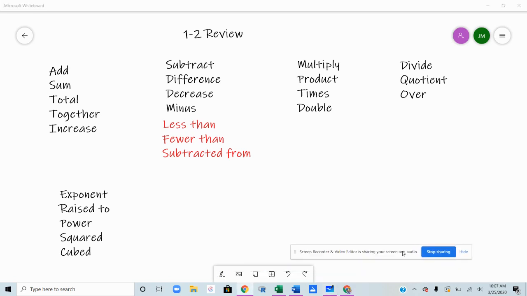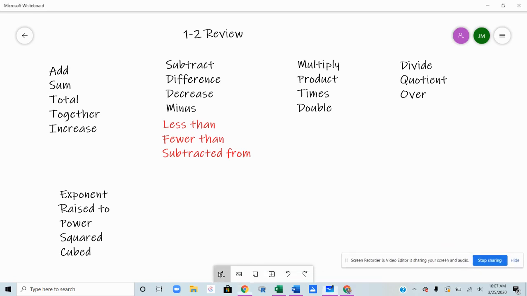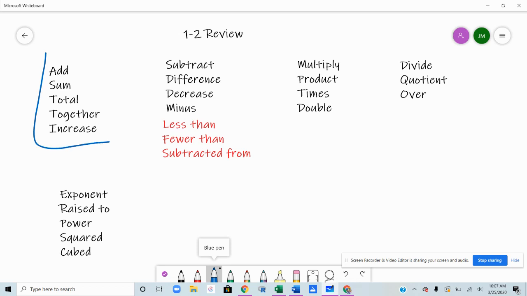Okay, so these, you're going to translate words into math sentences, basically math expressions. So these are words that'll tell you what you're doing with your numbers or with your variables. So this first set right here, all of these are words that you might see to tell you that you should put a plus sign.